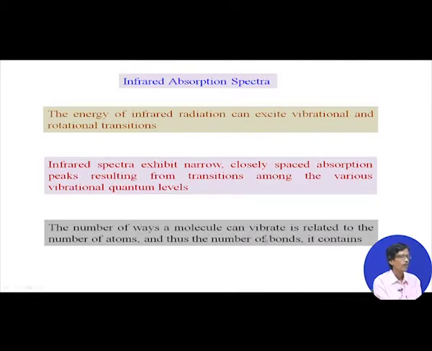So, the number of types of absorption is related to the number of ways a molecule can vibrate, which is related to the number of atoms and thus the number of bonds it contains.